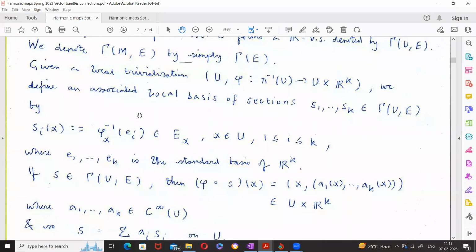So at each point you have a linear isomorphism phi_x from E_x to R^k. You just take the inverse image of the standard basis vectors e_1 to e_k in R^k at each point. So s_i(x) will be phi_x inverse of e_i. Okay. So this will be an element of E_x. All right.